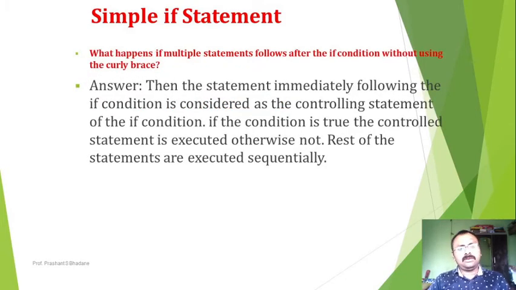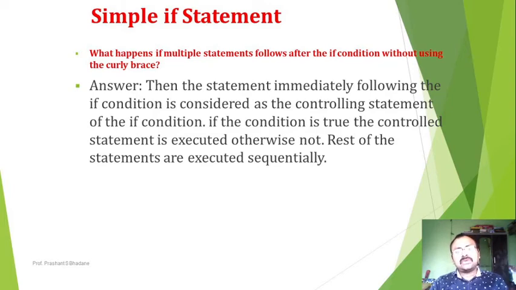Simple if statement. What happens if multiple statements follow the if condition without using curly braces? Then the statement immediately following the if condition is considered the controlling statement of the if condition.